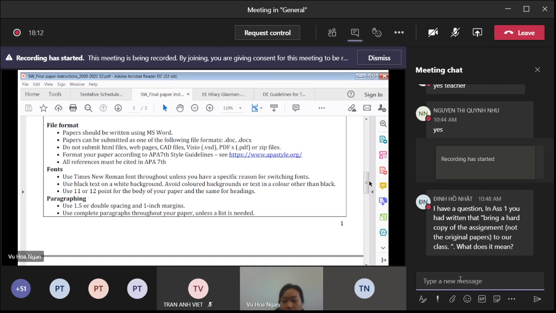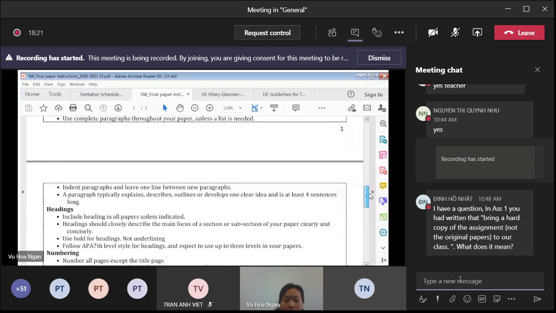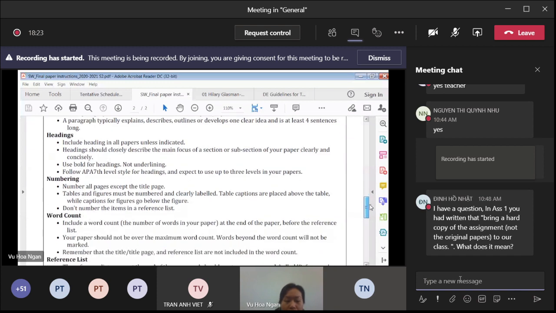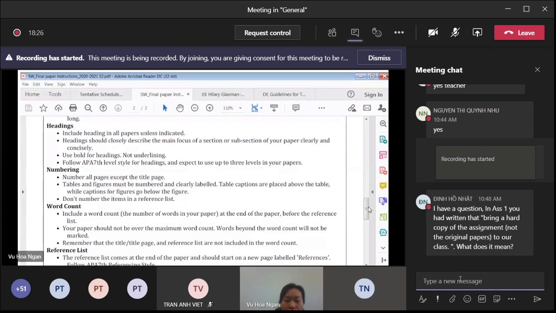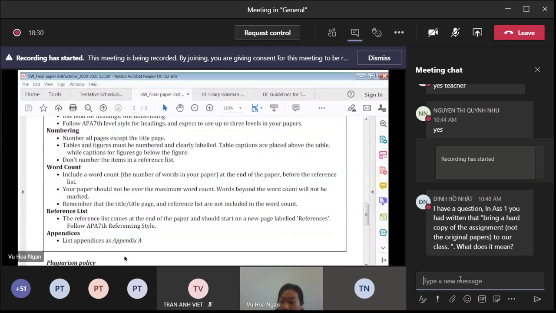But these are some of the points that I want you to pay attention to, such as file format, fonts, paragraphing, heading, numbering, word count, reference list. We are using APA style. Just keep that in mind. I think I have given instruction to you for APA style. So we use the APA 7th edition style.